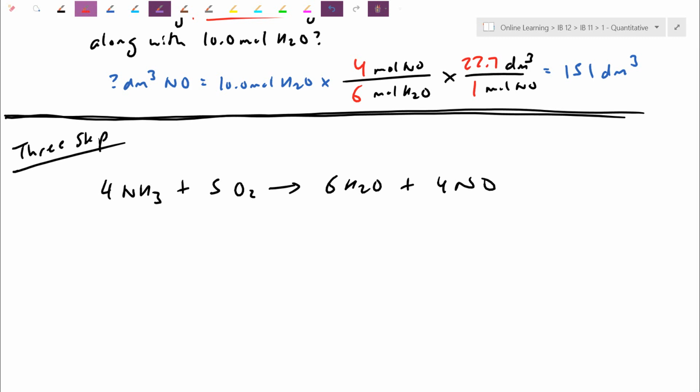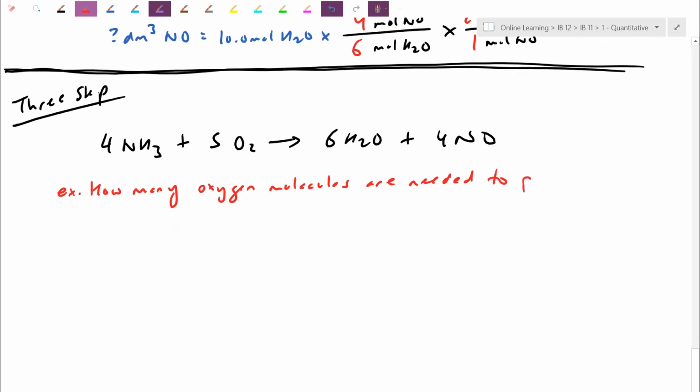So let's say I'm interested in, see if you can find for me how many oxygen molecules are needed to produce, okay, so that hints at products, to produce, let's make it here 25 grams of water.